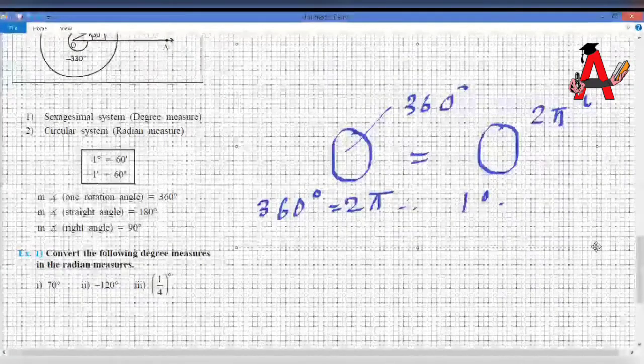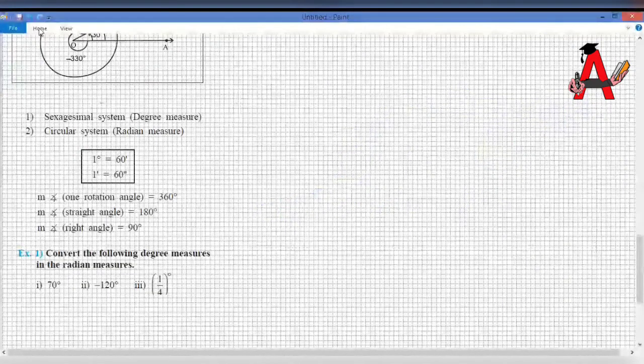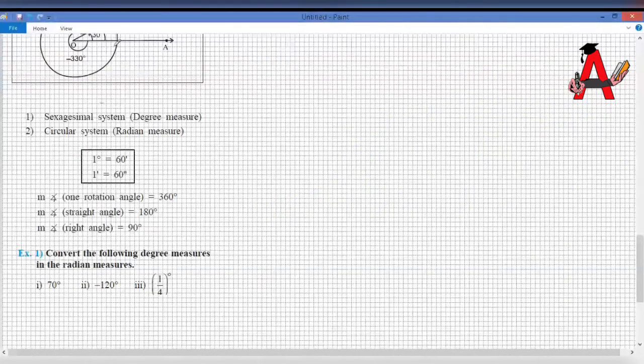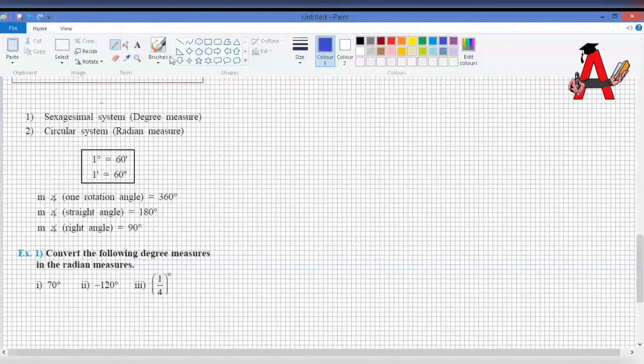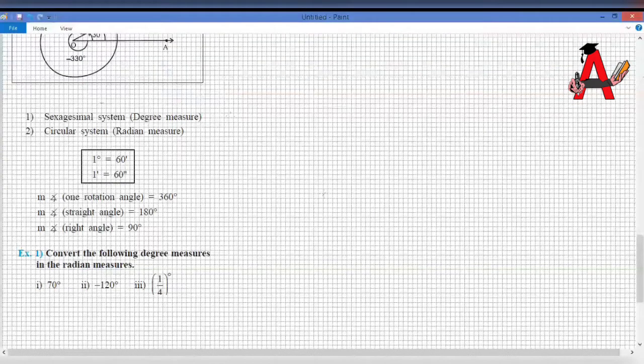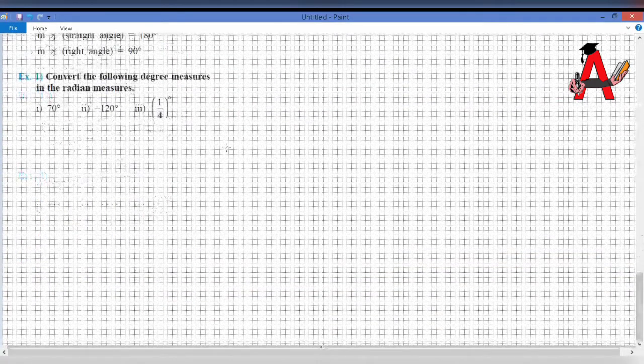Let me take an example of minus 120 degrees.